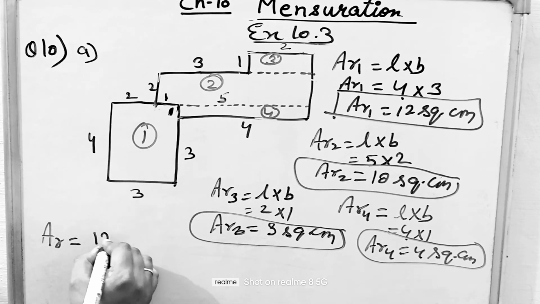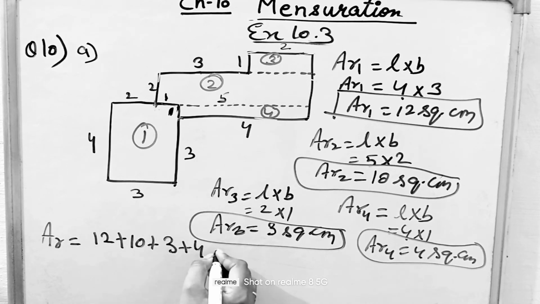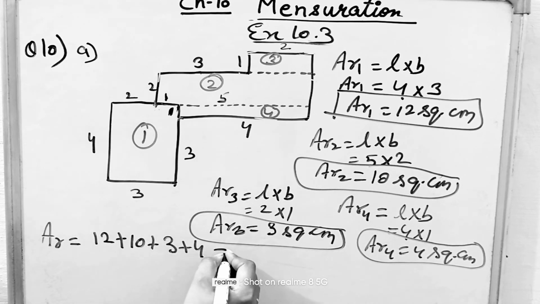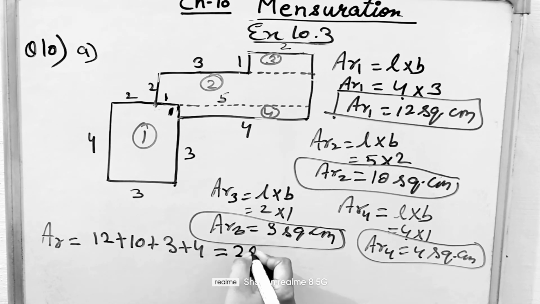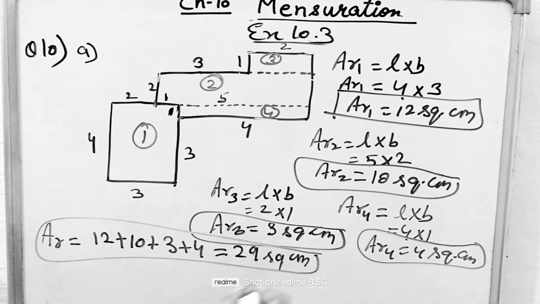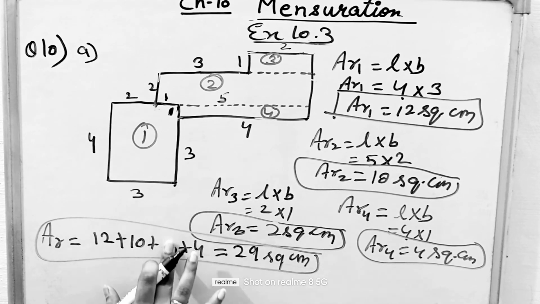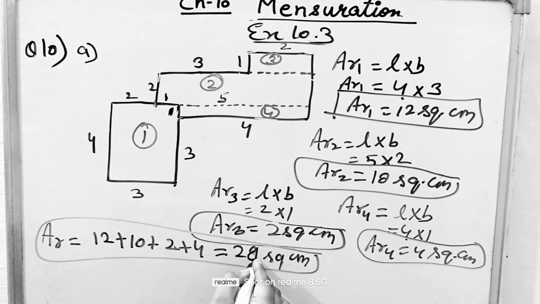So first is 12 plus 10 plus 3 and 4. So this will be 29 square centimeters. This will be your area. Sorry, this is 2, not 3. So the area will be 28.